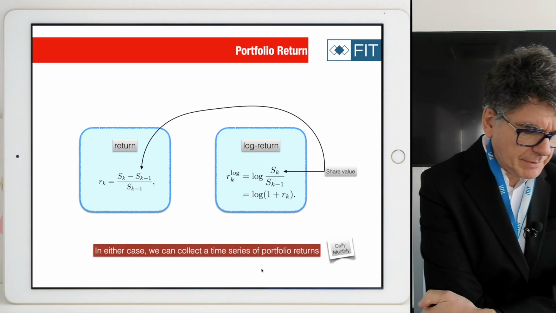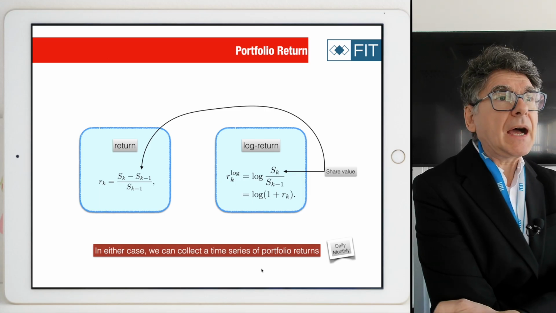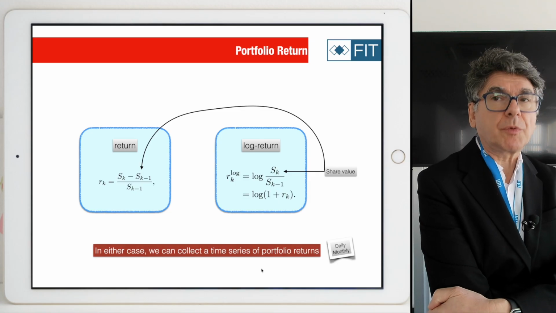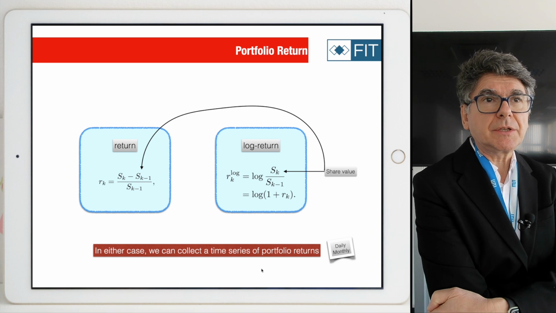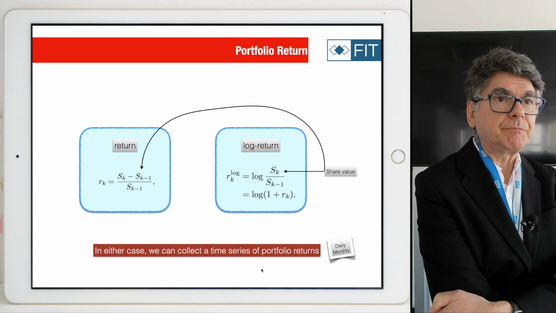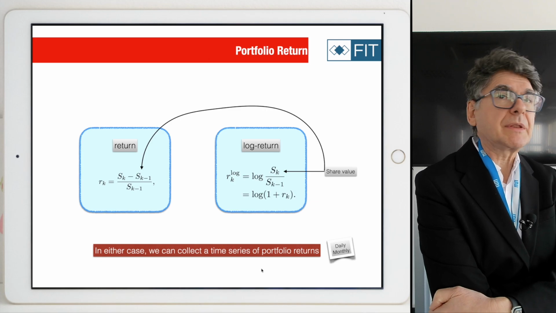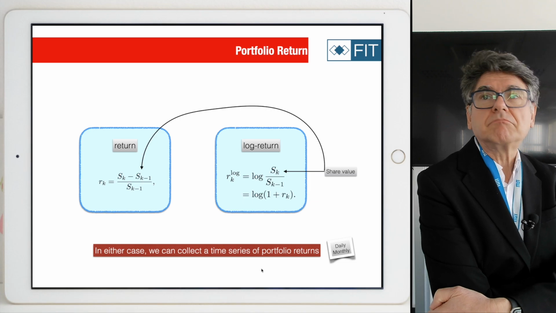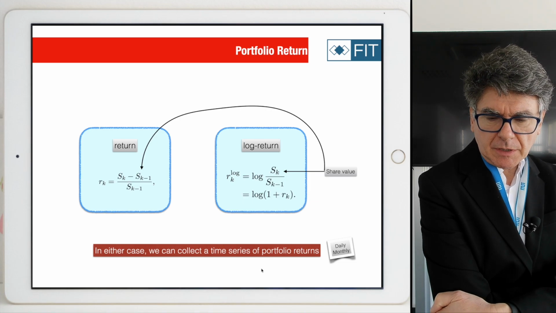I'm not going to spend time discussing that just yet. In either way, this gives us a way to collect a time series of portfolio returns. 99% of the people in industry would use the simple return, the one on the left. Very few weird mathematicians would use the one on the right. It's your choice. The difference is not major.